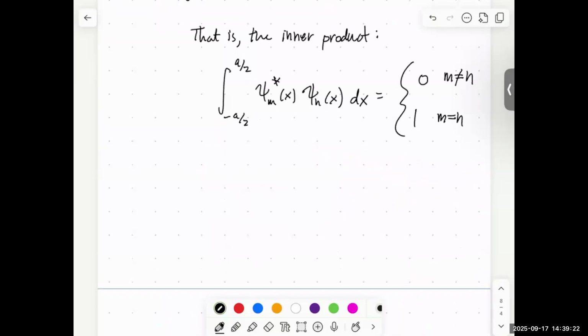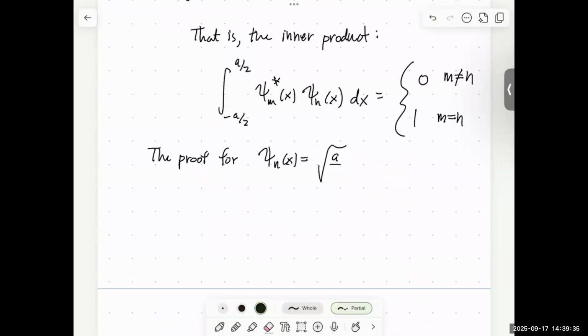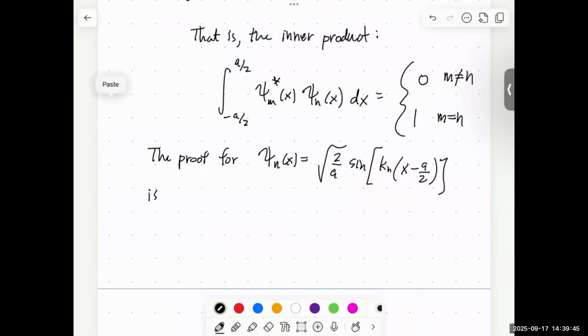Okay, so the proof for psi n of x equal to root 2 over a sine of kn (x minus a/2) is left as an exercise for the student.